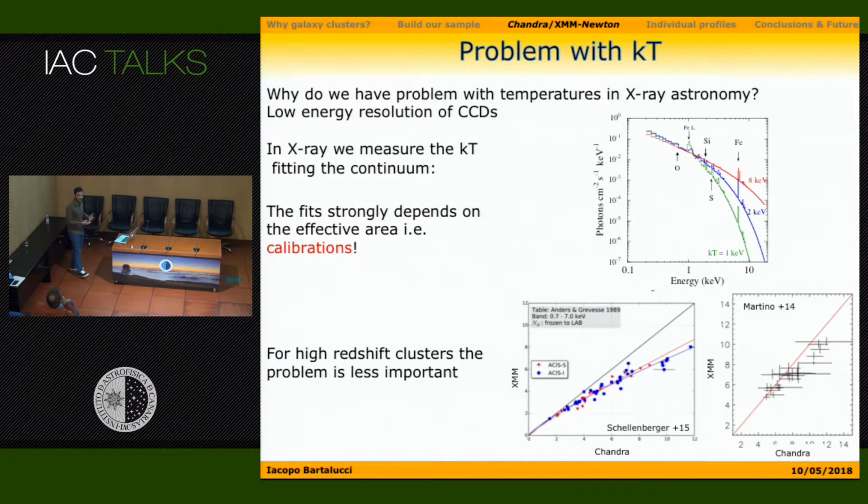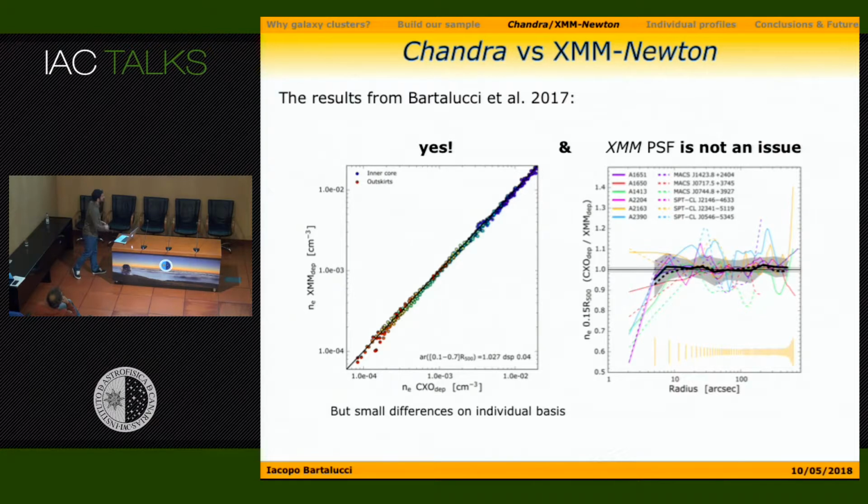So we don't actually have this problem of the temperature calibration between Chandra and XMM with high redshift objects, because the effective temperature is at lower energy. And what happens for density profiles?